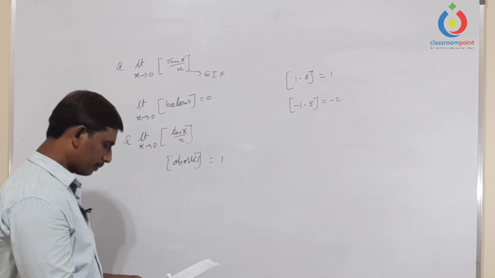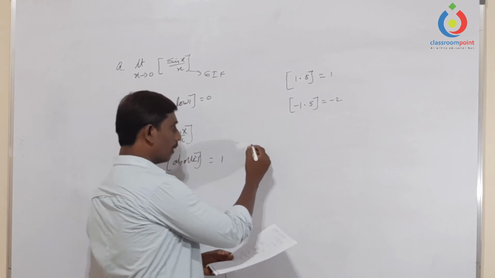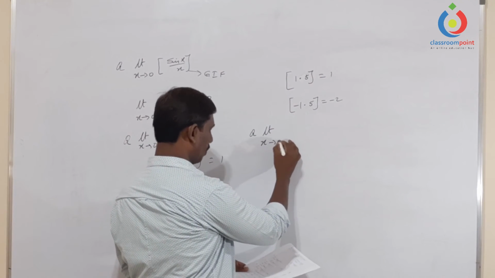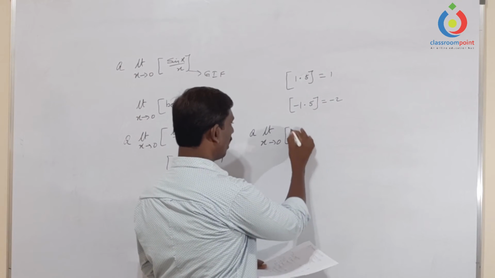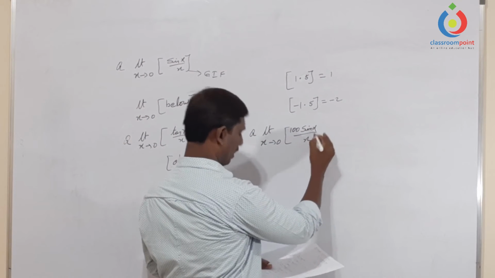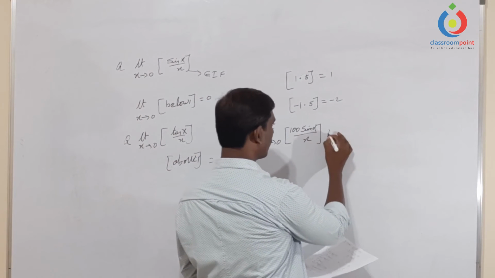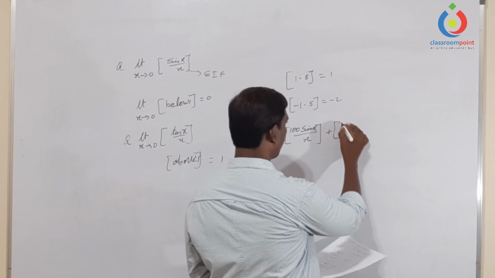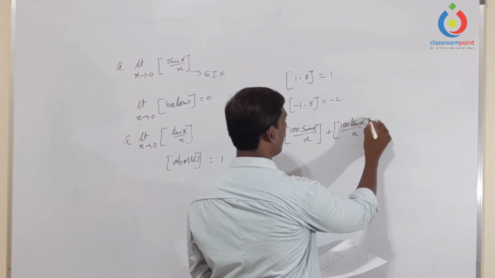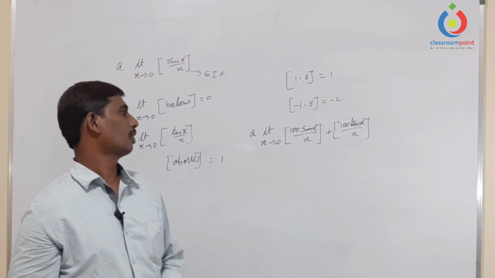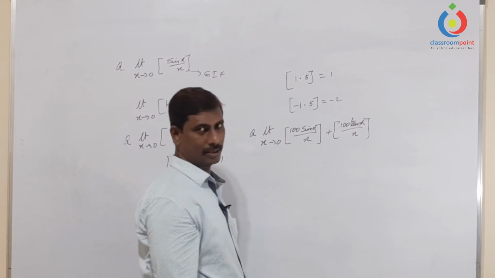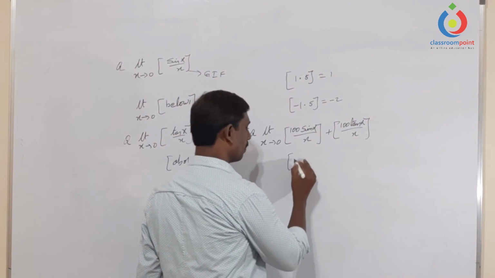And one more problem. Limit x tends to 0 integral part of 100 sin x by x plus integral part of 100 tan x by x is equal to what? Here also the same: 100 sin x by x is less than 100, that means below 100.